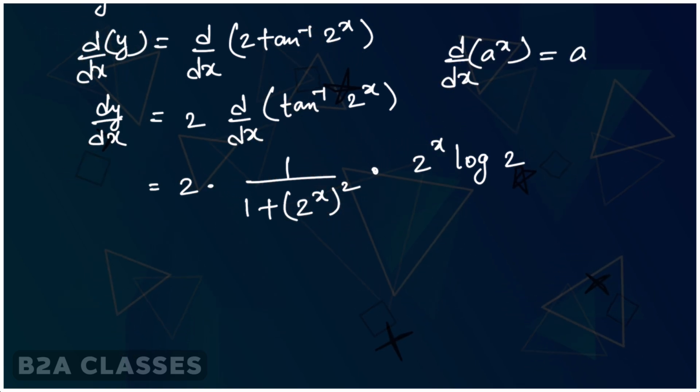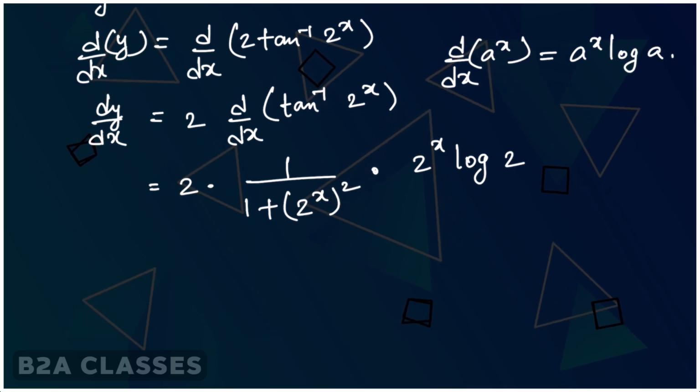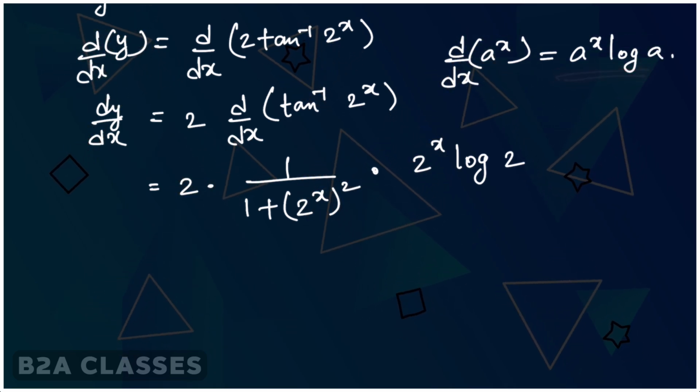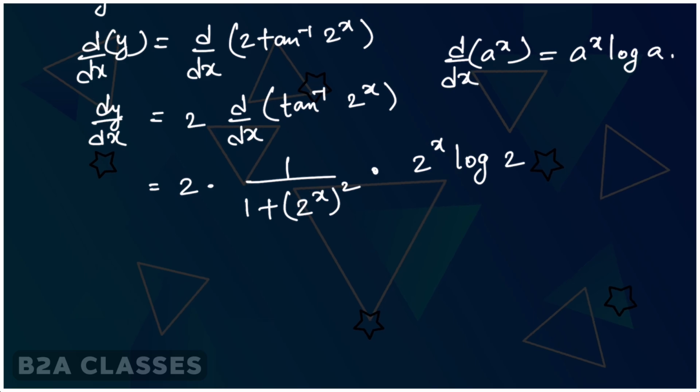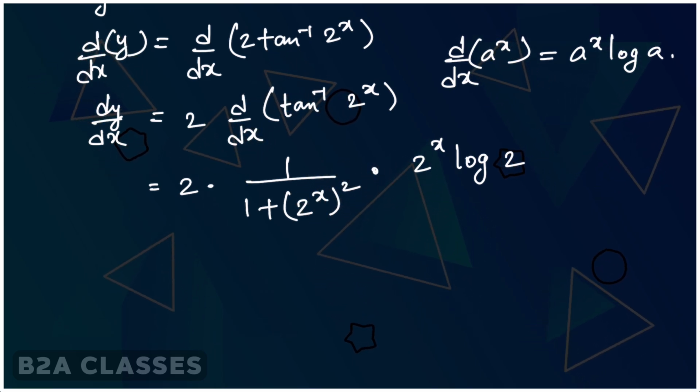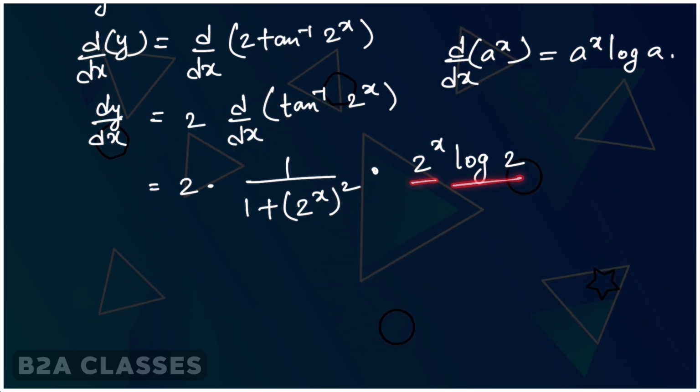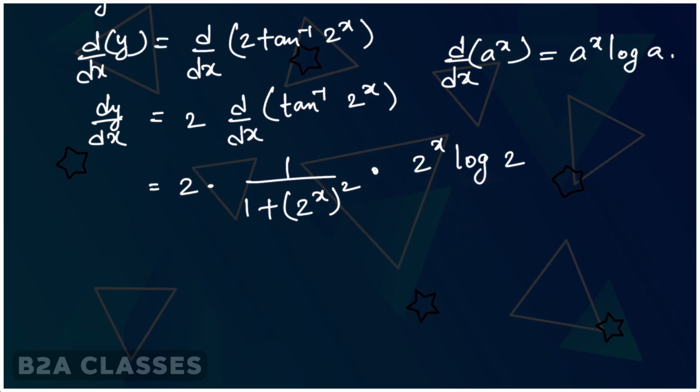Derivative of a power x is a power x log a. This is the formula. I applied it here to find the derivative of 2 power x. So the derivative of 2 power x will be 2 power x log 2, meaning a power x log a.